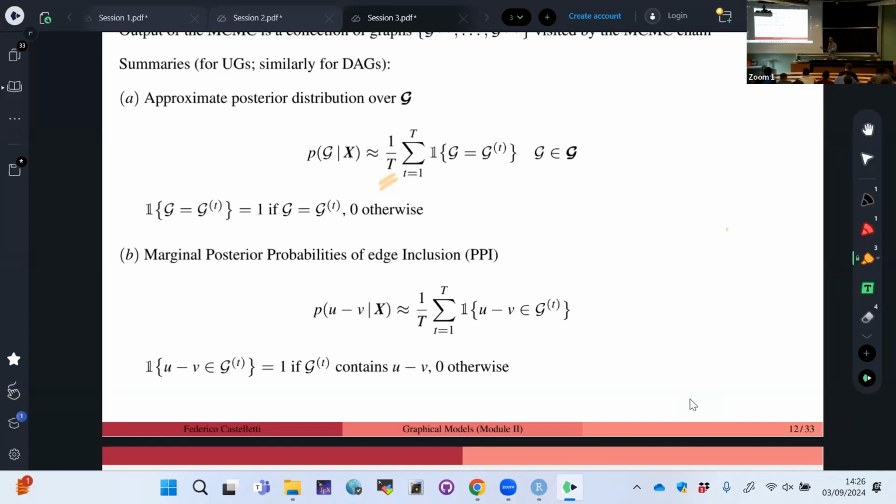Okay, so the proportion of times the visited graphs have an edge between U and V. And this will provide you a collection of posterior probabilities of edge inclusion for all possible links. Okay, so something that you can organize in a Q times Q matrix, where at coordinate UV you have the probability of inclusion for a link between U and V.